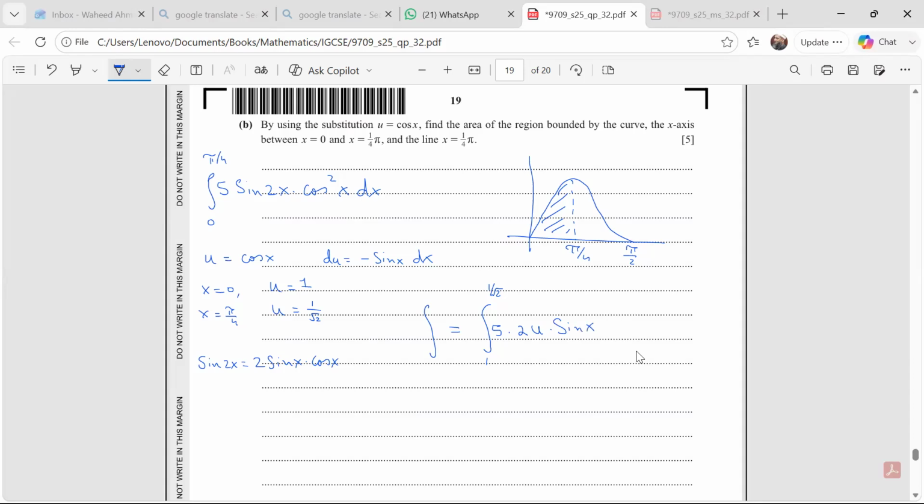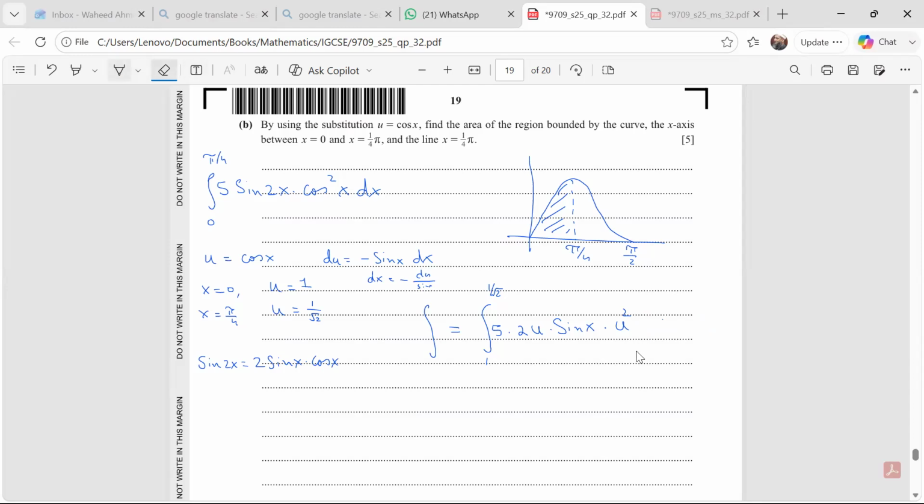Let me leave sine x in terms of x only. Then I have cos square x, and cos square x becomes u square. And lastly, I have dx. Oh my God, what did I do? No. From here you can see that dx is equal to negative du over sine x, right? I made this mistake here.